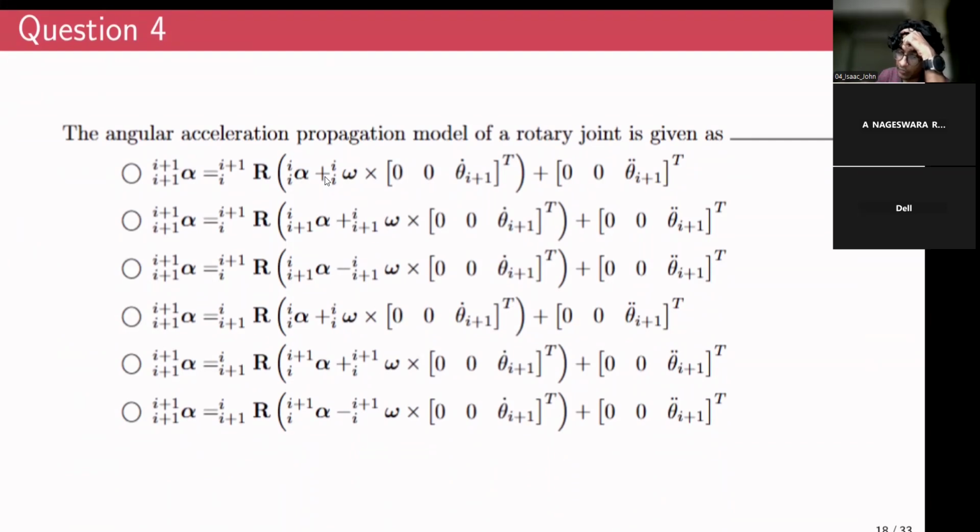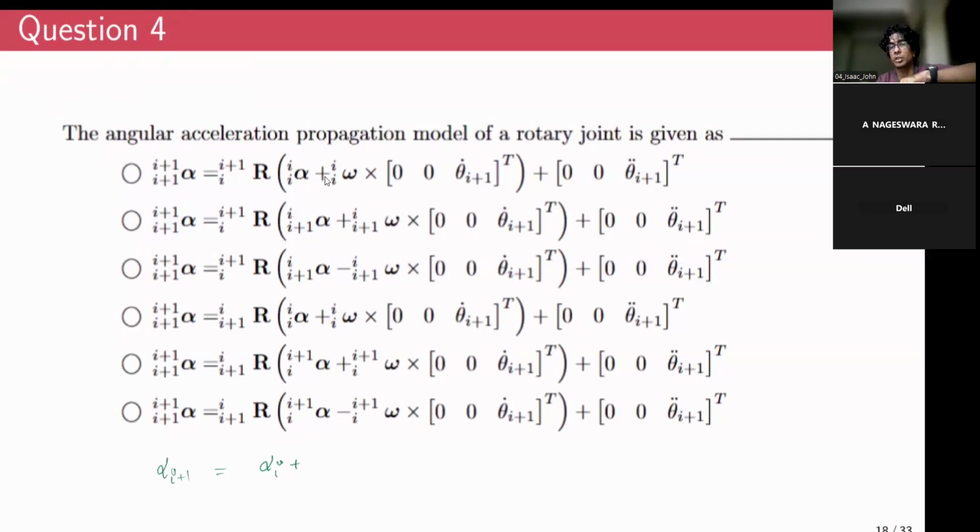So the easiest way to understand this is that the angular acceleration of the next joint would be the angular acceleration of the current joint, alpha I, plus the contribution by the angular acceleration of the joint itself.